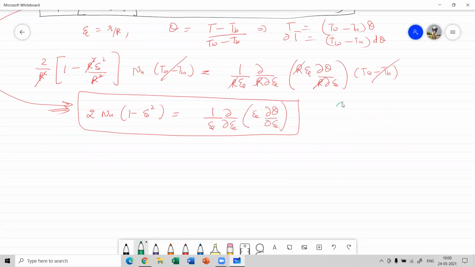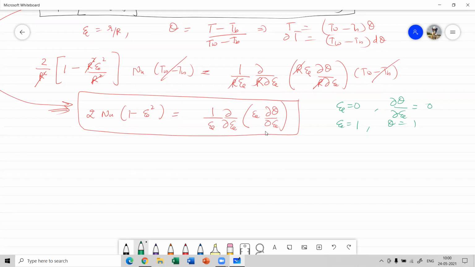The boundary conditions were very simple. That is at r equal to 0, we have del theta by del zeta equal to 0. That is, when zeta is 0, we have this term. And at the wall, theta is equal to 1, because at the wall the temperature will be Tw. So Tw minus Tb over Tw minus Tb, theta will be 1.